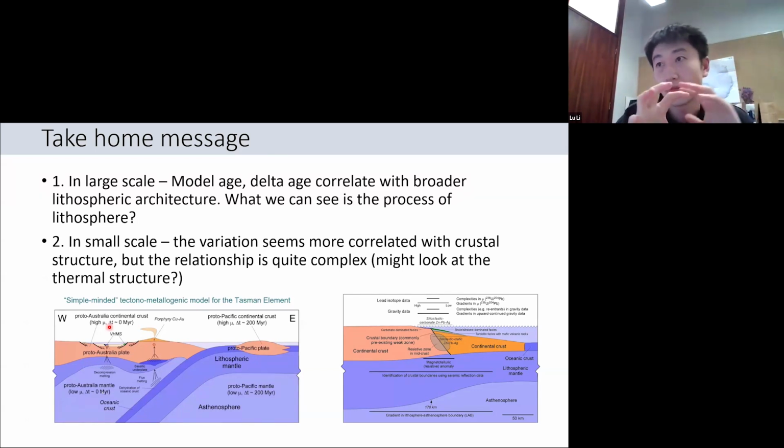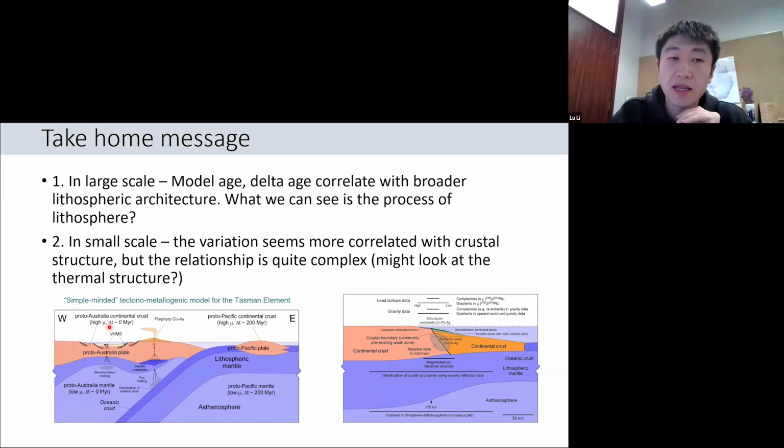That probably indicates some process happening in the lithosphere, either due to subduction or some evolution of the margin of the cratonic lithosphere. And at the small scale, it seems to be more complicated and correlated to crustal structures, and we probably need a little bit more work to understand what that actually means.